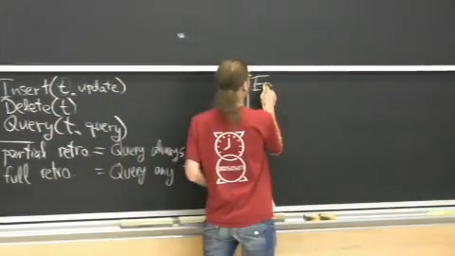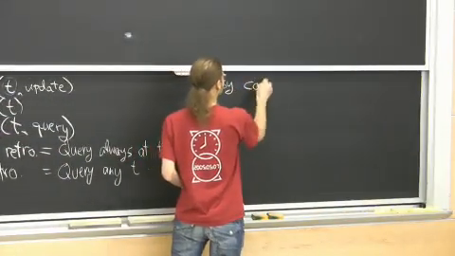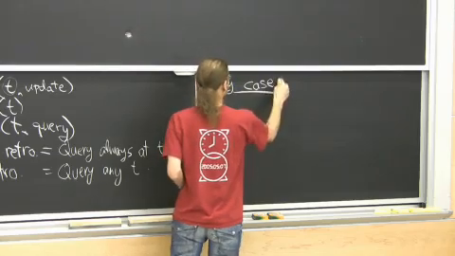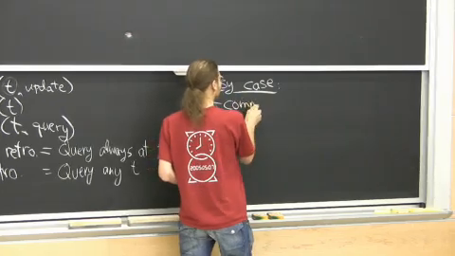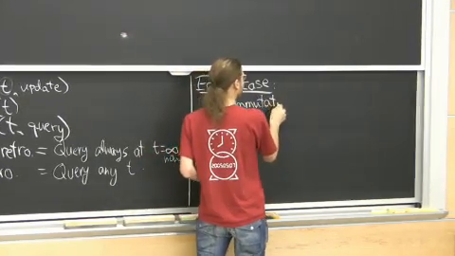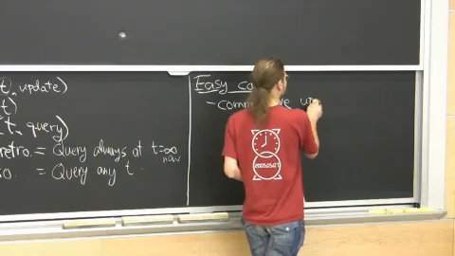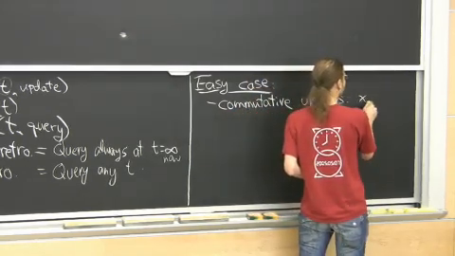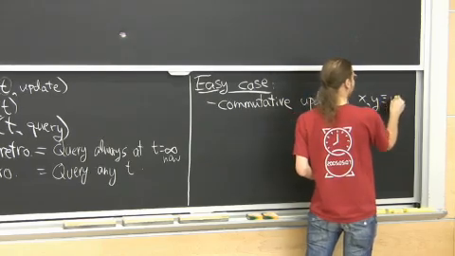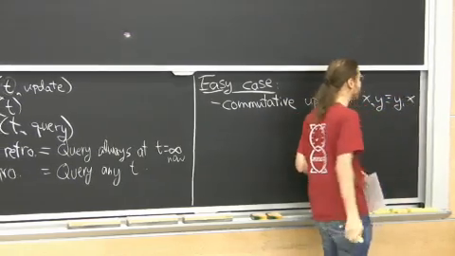So go to an easy case, which is still fairly interesting. Suppose you have commutative updates, meaning x followed by y is the same thing as y followed by x.